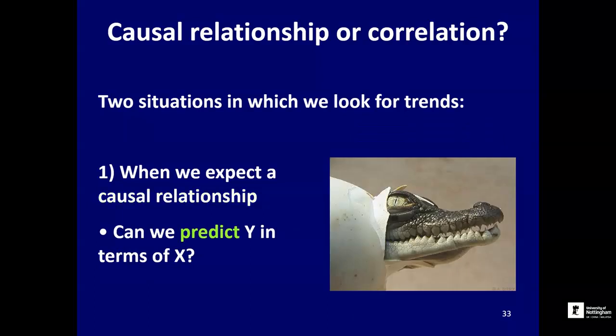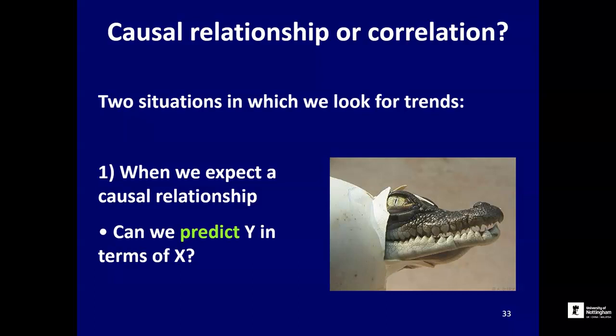Causal relationships are explored in lots of different ways, but in some situations we actually want to make a prediction based on an analysis of that causal relationship and predict what will happen to y in the future if we manipulate x further. So from my point of view, as an ecologist, I'm interested in climate change and all its various impacts.